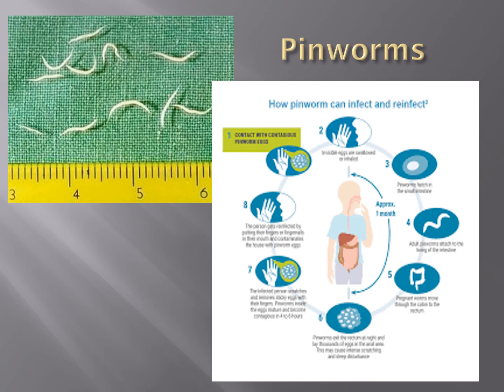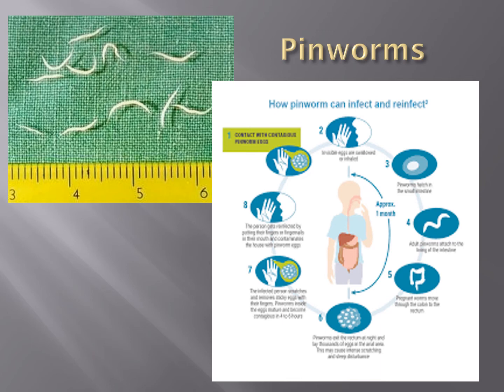And then they find their way to the GI tract, and they start laying eggs, and they go nuts. And it is very itchy. These kids will have constant anal itching, nose itching, and it's always worse at night.